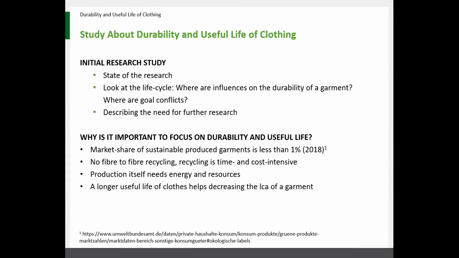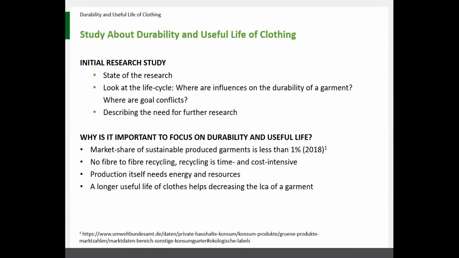And here we were, of course, looking for relevant goal conflicts along the whole life cycle. The aim of the study is to describe the need for further research and make some recommendations for that. Therefore, my input will particularly deal with questions that are still open.